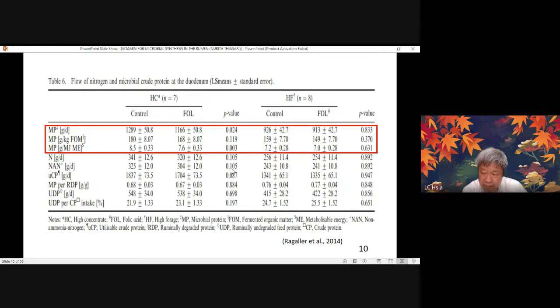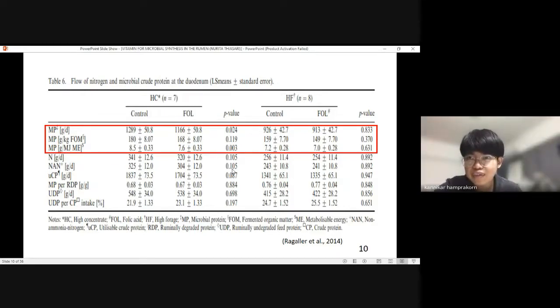Thank you, Professor, and thank you, Nurita, for your presentation. I saw that among the many parameters you have mentioned, there is allantoin, right? The allantoin in the urine.